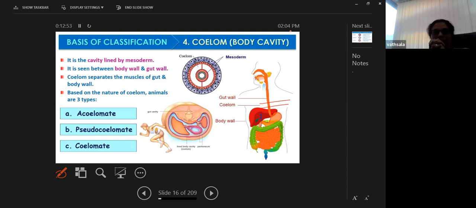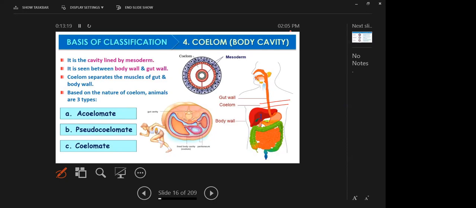Online students, if I take your body and take a section like this, do you see the hollow space in the center? Online students, do you see that hollow space? Is there any hollow cavity, hollow space in the center? Yes, ma'am, center of the body.